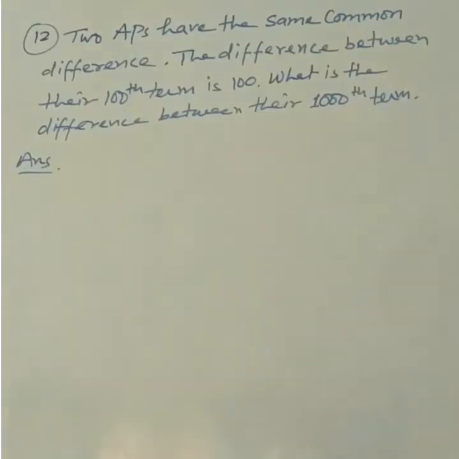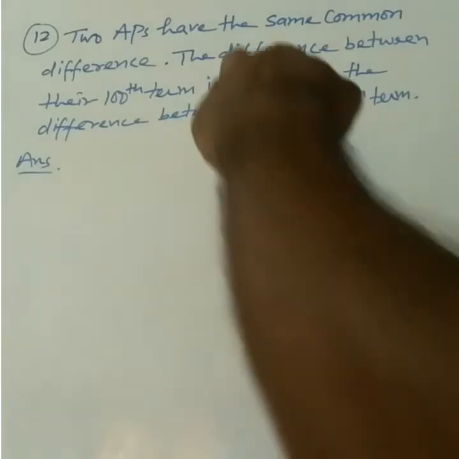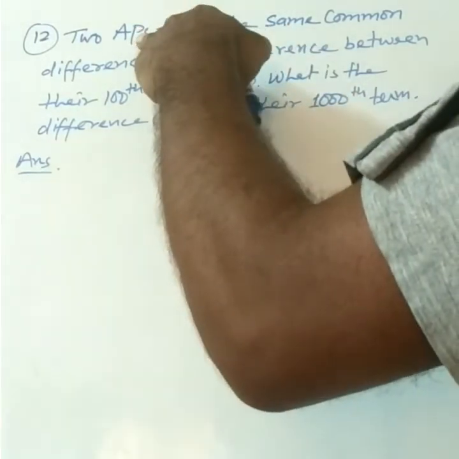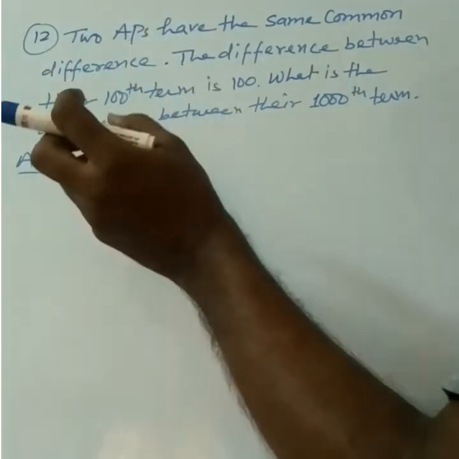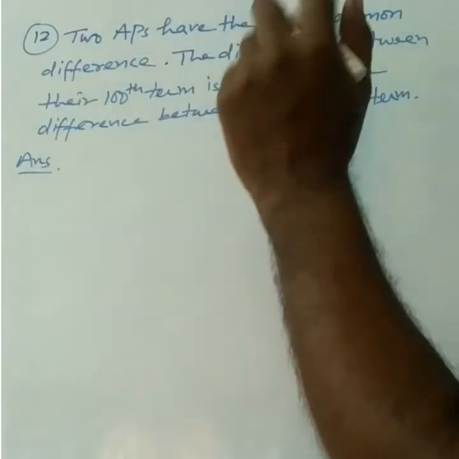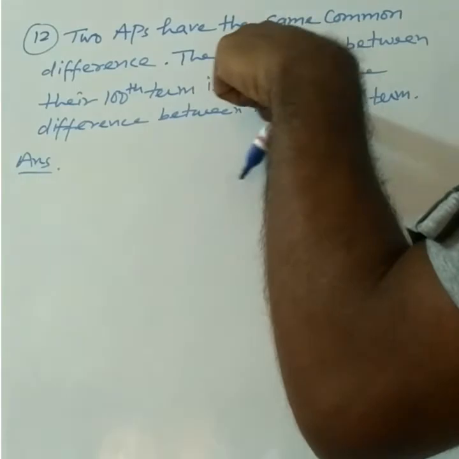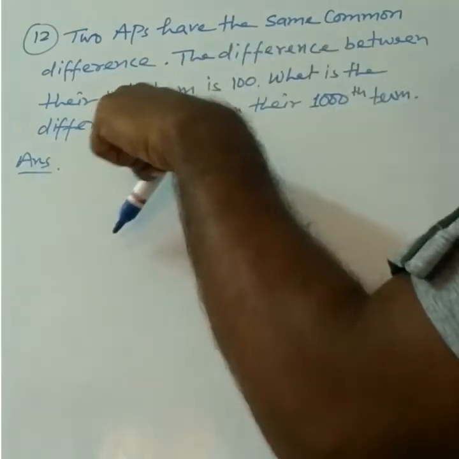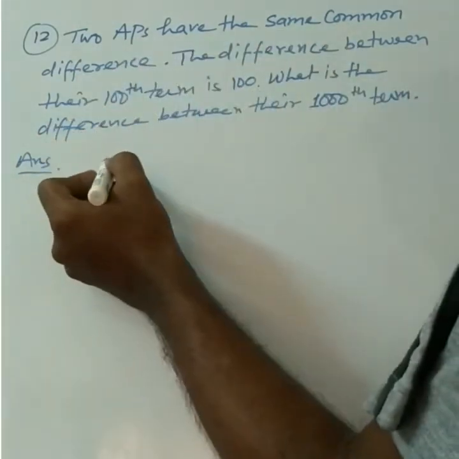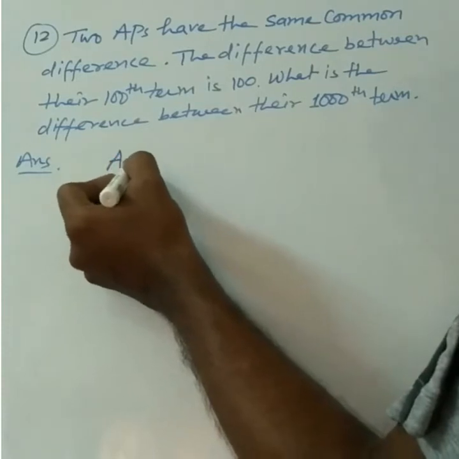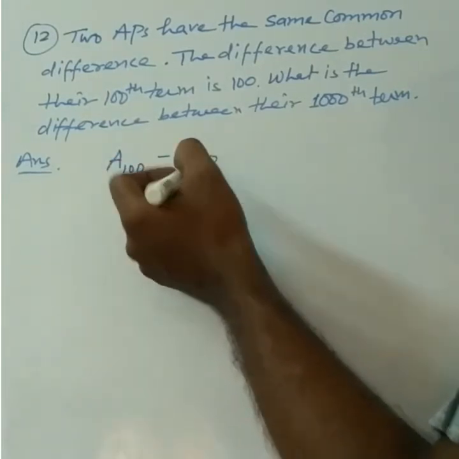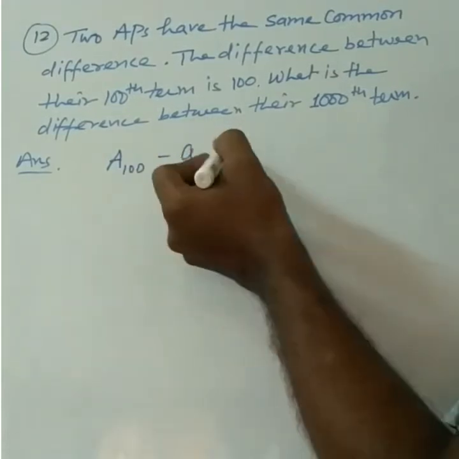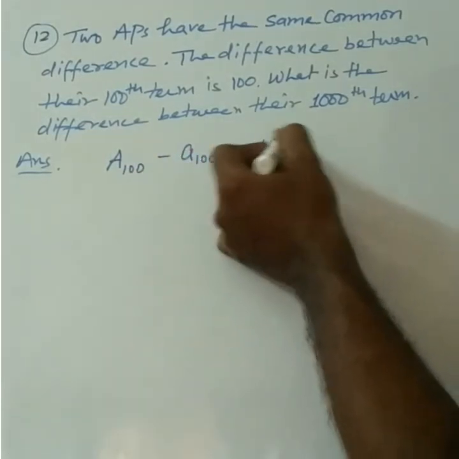Two APs have the same common difference. These are the two APs, means there are two different APs. So the first term of the first AP is capital A and common difference is capital D. Now it is given the difference between their 100th term, 100th term of the first AP minus 100th term of the second AP, is 100.